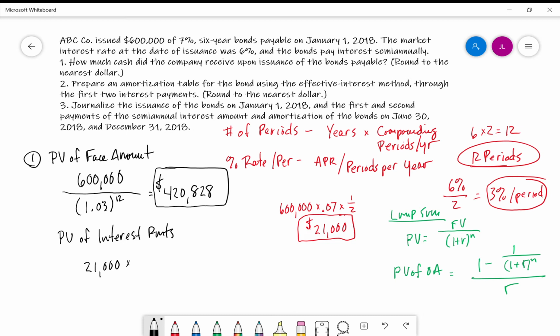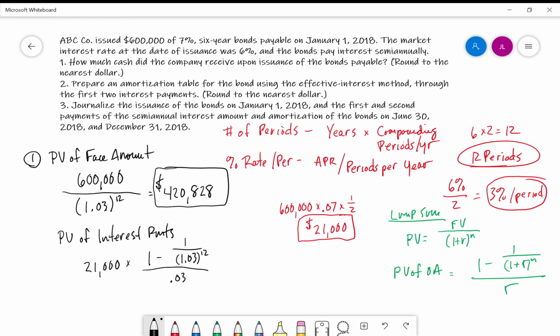Many of my classes' homework assignments will be using the table, so feel free to do that. But with the formula, what we're going to have is 21,000 times 1 minus 1 over 1.03 to the 12th power, and everything divided by 0.03.